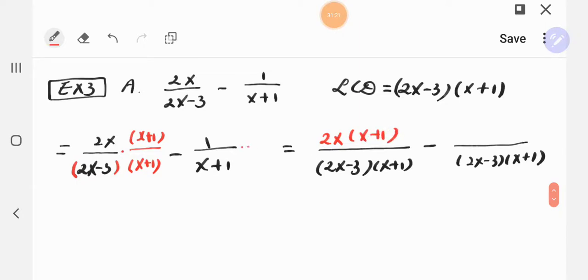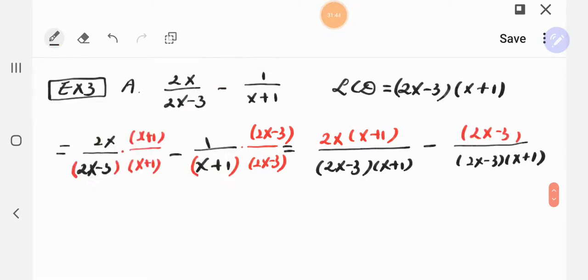Okay, for the second fraction, we have x plus 1 in the denominator. And by comparing it with the LCD, 2x minus 3 is a missing factor. So multiply the numerator by 2x minus 3. So 2x minus 3 will be in the numerator.